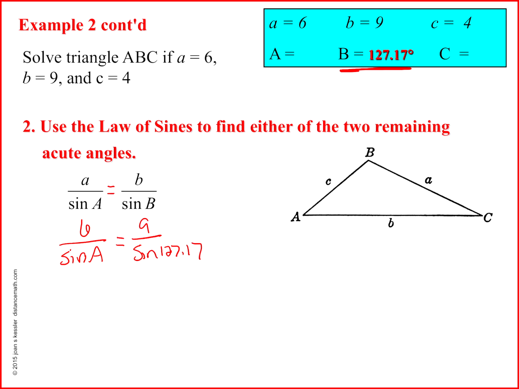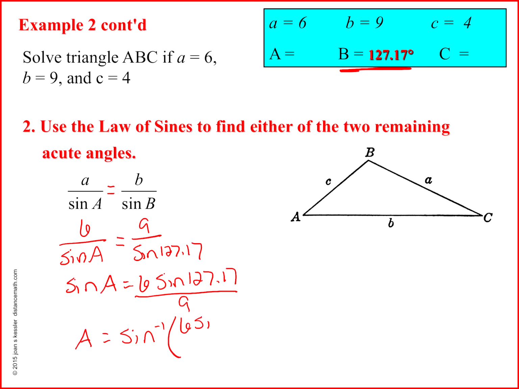So if we work this out, remember sine of A is going to be 6 sine 127.17 over 9, because I need all of that. When I put all that in my calculator, I got A to be 32.09 degrees.